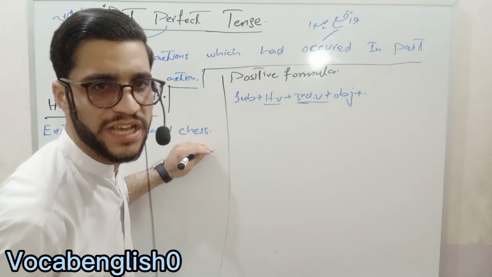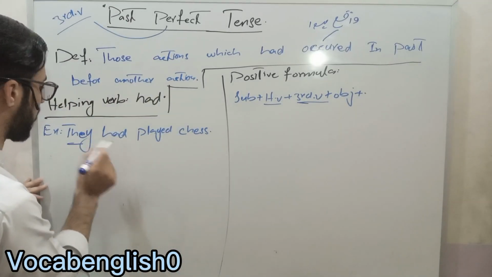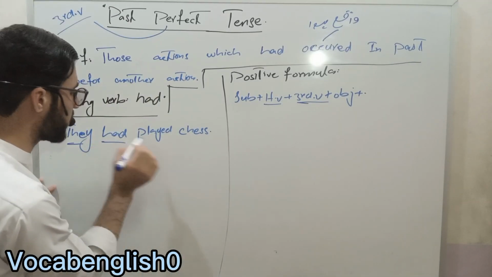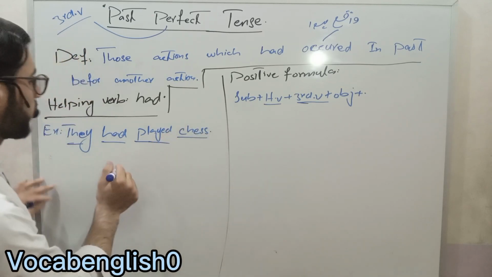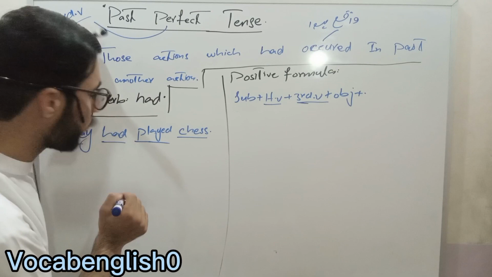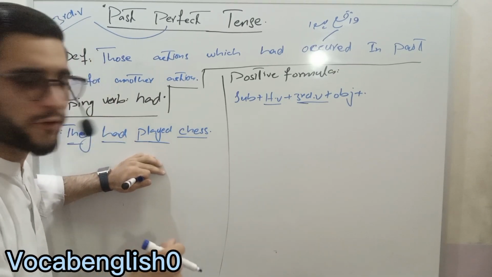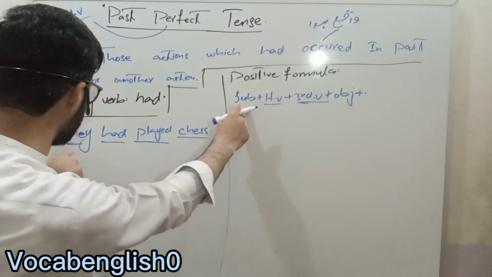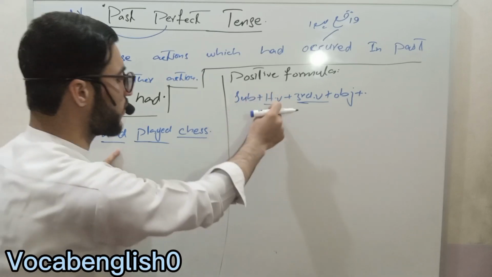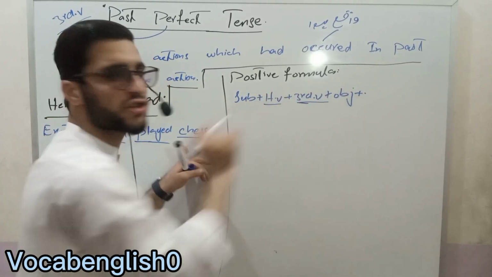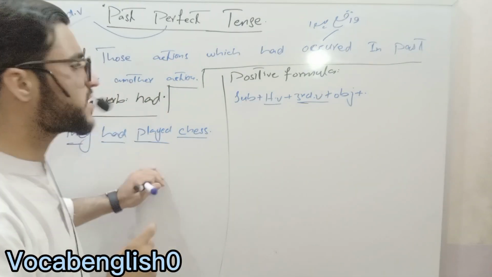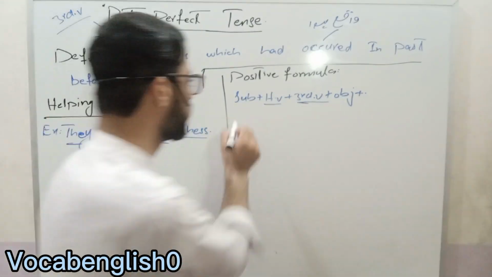Now subject is there, helping verb is there, now third form verb is there. After that object, then full stop. They is our subject, had is our helping verb, played is our third form verb. After that object and full stop. This is the positive example and the positive formula.